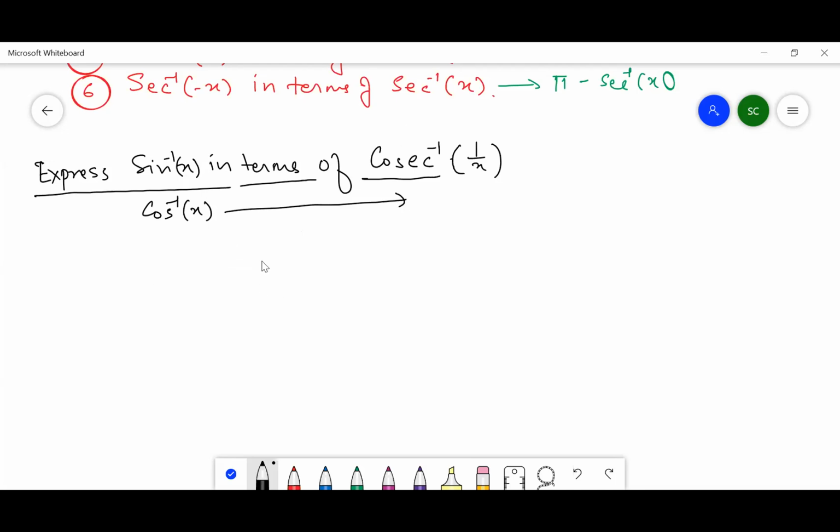Let me ask you, express tan inverse x in terms of cot inverse.